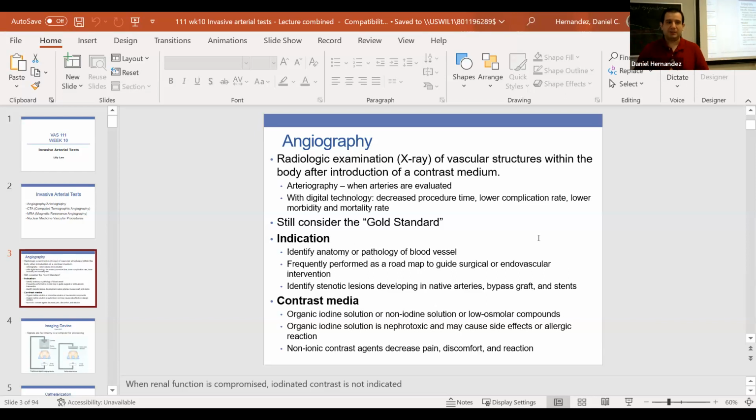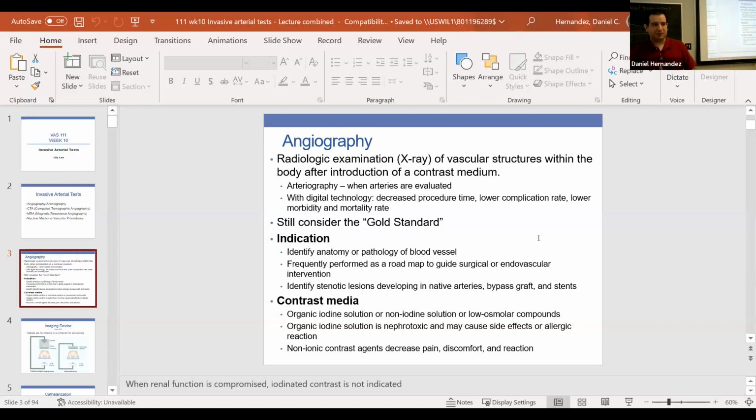We're able to utilize X-ray to image the vessels, but we have to introduce contrast into that patient. So it's now considered an invasive procedure because we're introducing something into that patient. It is the gold standard when we're talking about imaging vessels, whether it's arteries or veins, because it provides a very detailed anatomy picture of our vasculature.